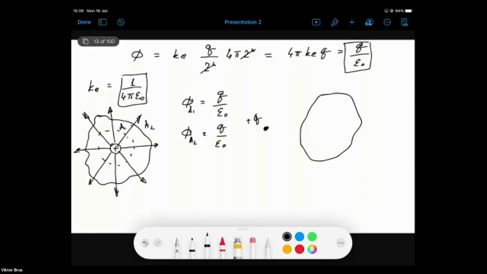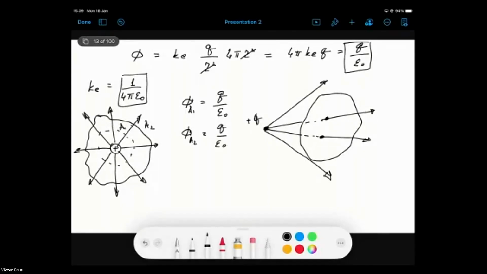In this case, we can also draw these electric field lines, and some of them will go into this closed surface and then at some point go out.